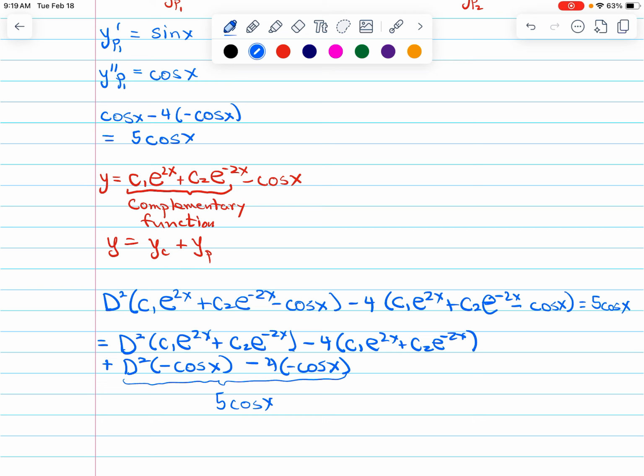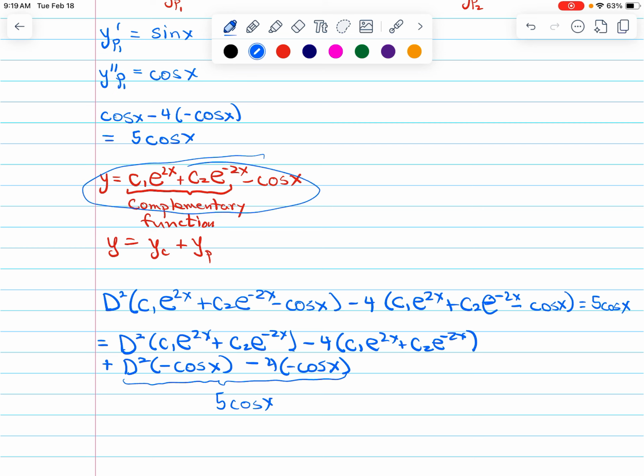So you can see that it works out. Putting in the solution of the homogeneous equation together with the particular solution, it works, right? So in other words, it forms the general solution right there.